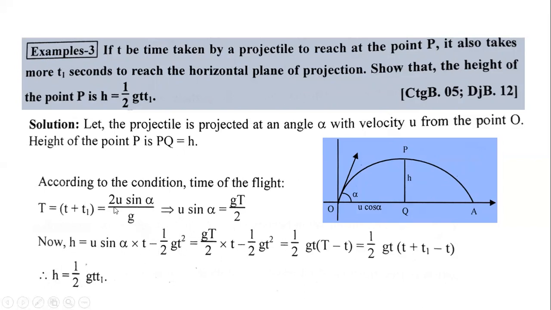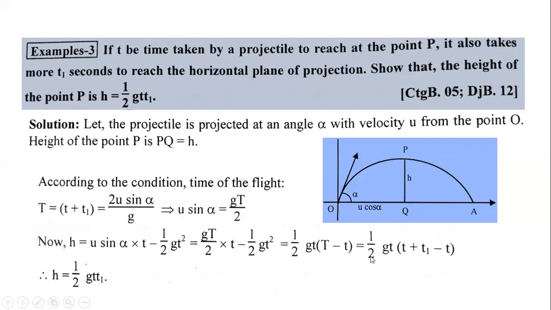But u sine alpha equals g T by 2. So here we get g T by 2 into t minus half g t square. If we take common half g t, then we get capital T minus t, that means half g t into t plus t1 minus t.